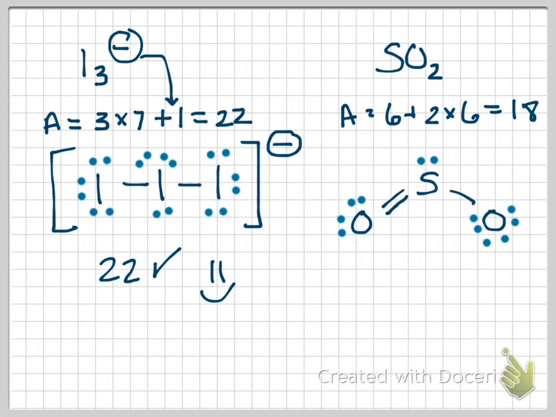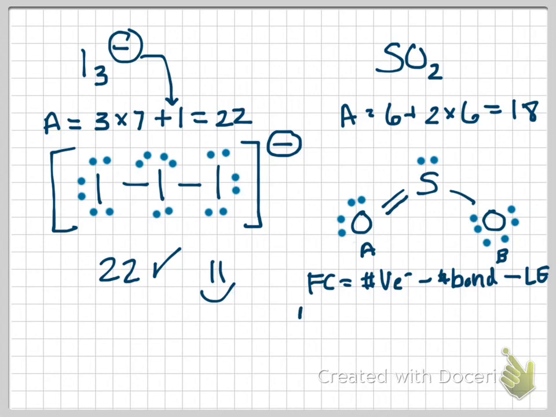But when we calculate formal charge, and the formal charge is calculated at each atom, it's the number of valence electrons for the atom minus the number of bonds and minus the number of lone electrons. So if we do this calculation, I'll just call this oxygen A, this oxygen B, and then the sulfur is clear.